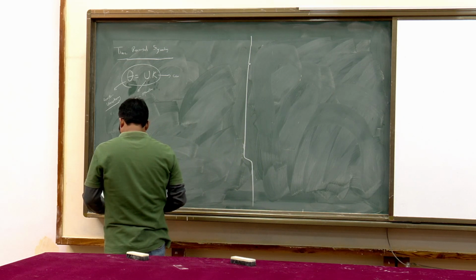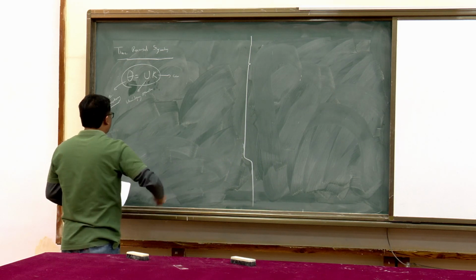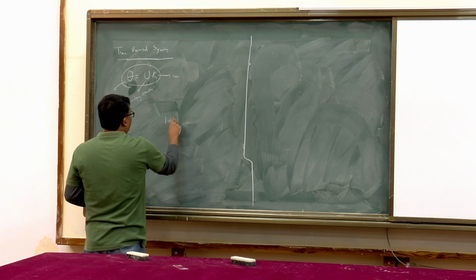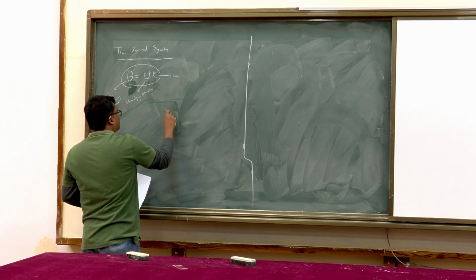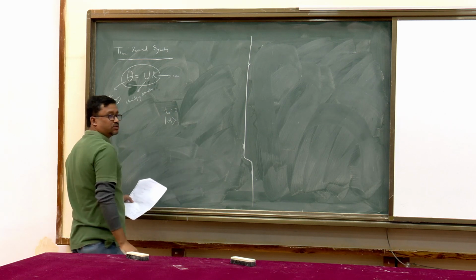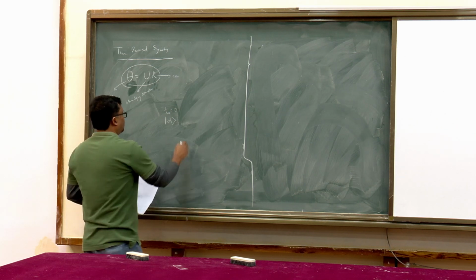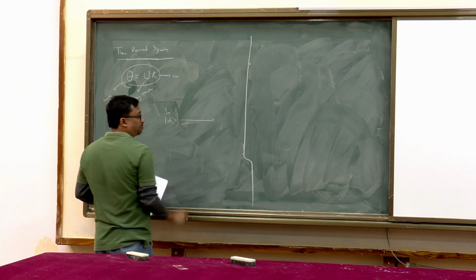Okay. Now, let us come to time reversal. Let us say I have a ket alpha at initial time t0 equal to 0. Now, I evolve it in time.